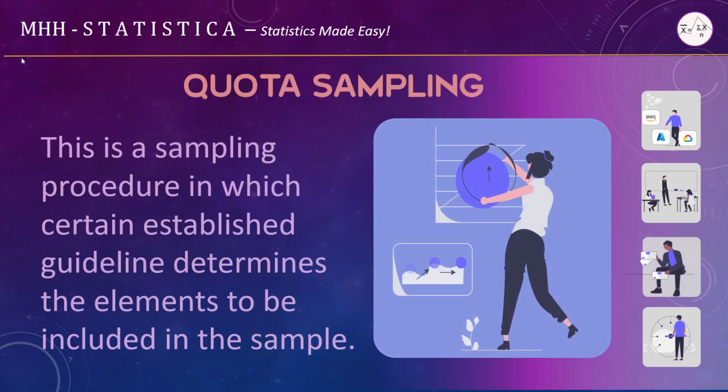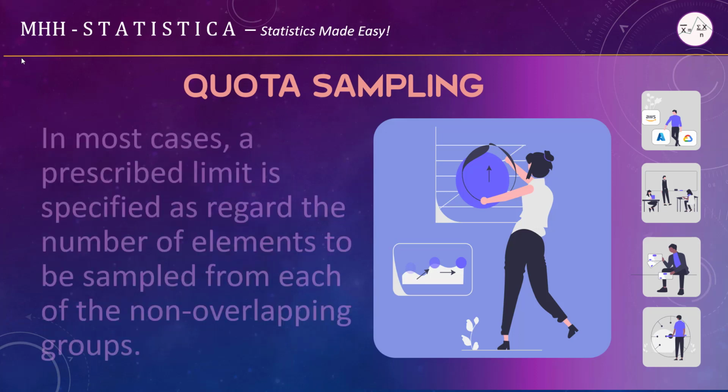The next one is quota sampling. This is a sampling procedure in which certain established guidelines determine the elements to be included in the sample. In most cases, a prescribed limit is specified as regards the number of elements to be sampled from each of the non-overlapping groups.